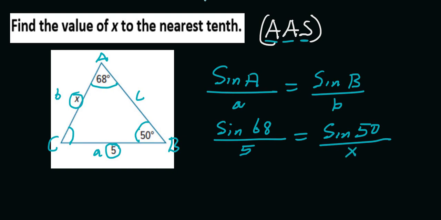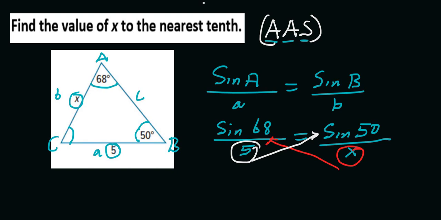All right, so at this point we can just cross multiply. Use x to multiply the whole of this, and then take the 5 and multiply it with sine 50.